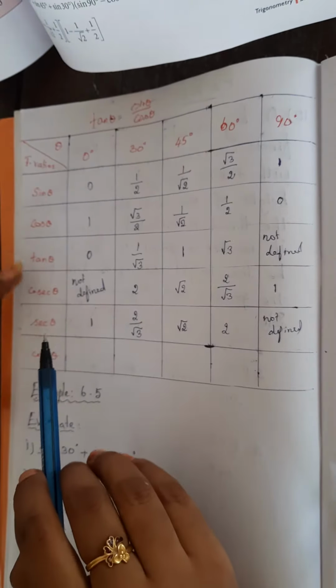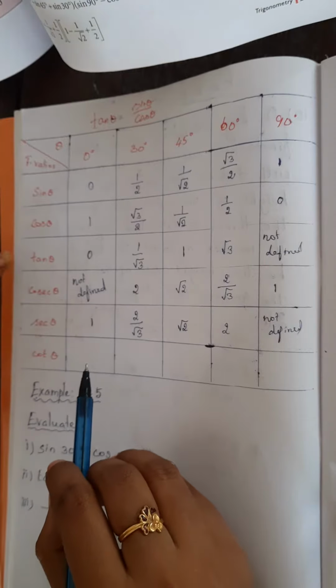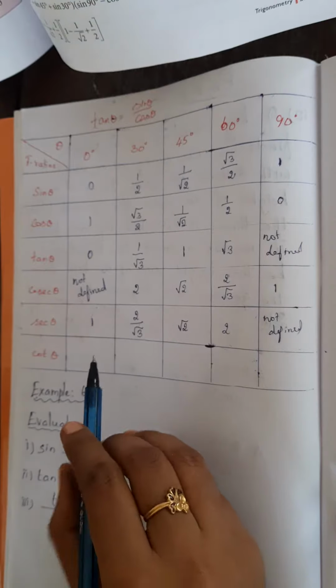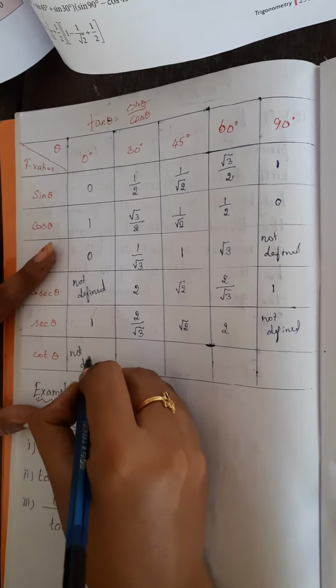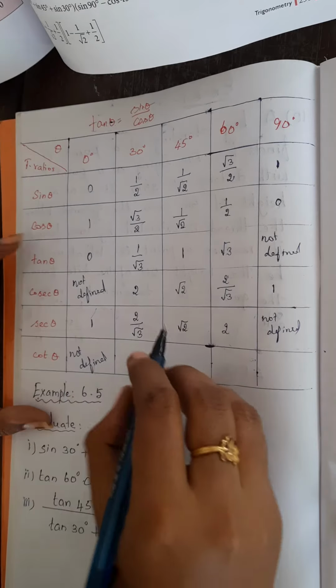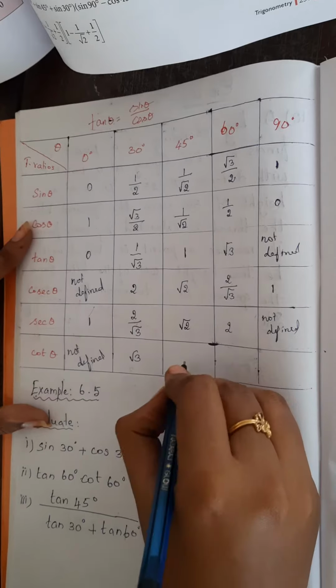Next, cot theta and tan theta are related. So, cot theta equal to 1 by tan theta. Thus write the reciprocal. Reciprocal of 0 is not defined. Then reciprocal of 1 by root 3 is root 3. Reciprocal of 1 is 1.